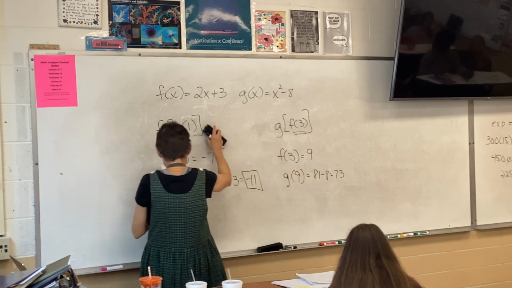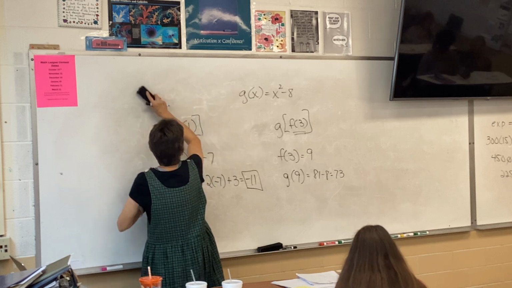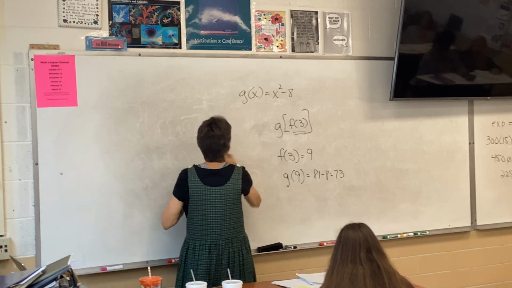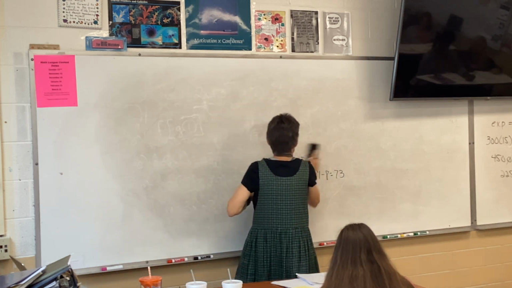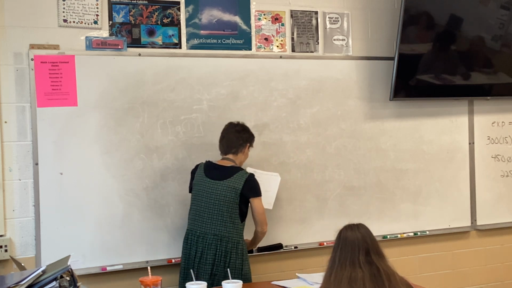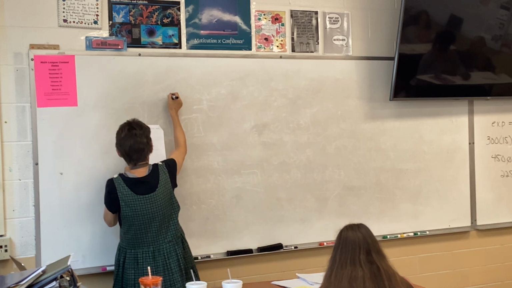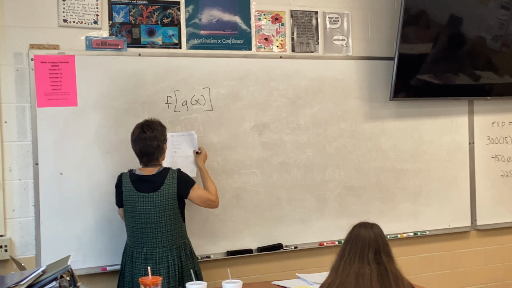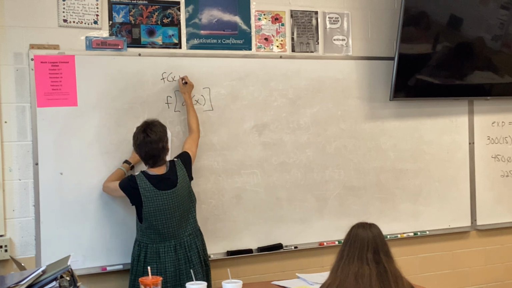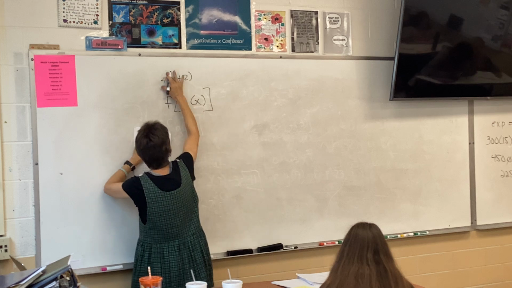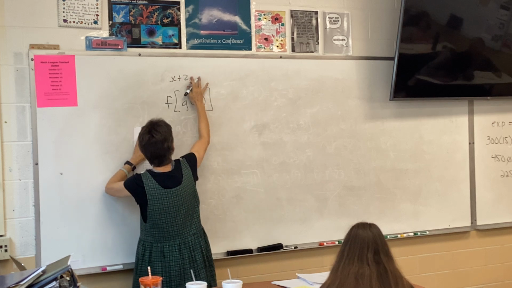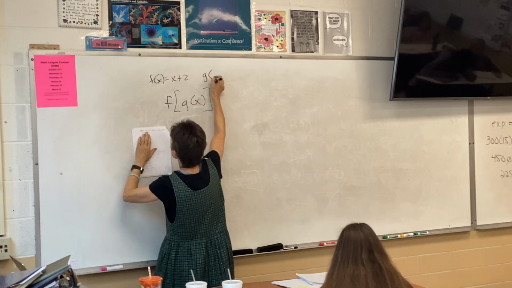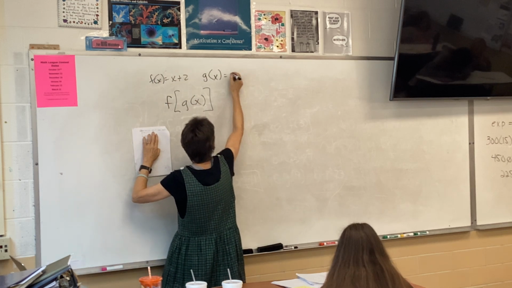Now, ready for question L. This is 1.4, number 1, L. Problem L says f of g of x. And f is x plus 2, and g is x squared.